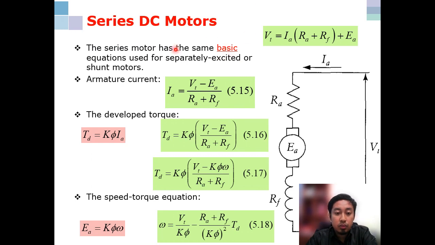For the series motor, we use the same basic equations as for the separately excited or shunt motor. I want all of you to try to derive by your own how to get all these values. There are some differences, because here the field is in series, so the value of the current is the same.